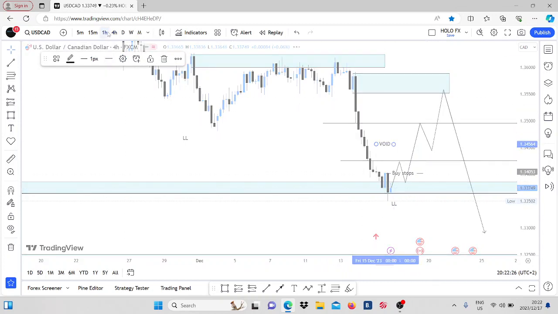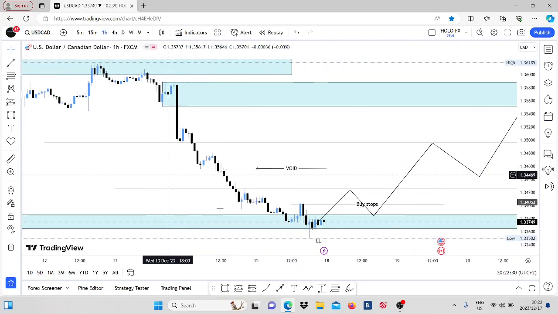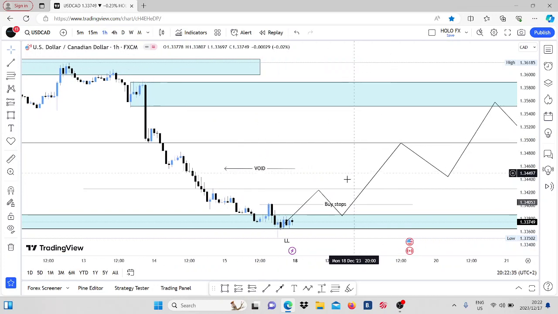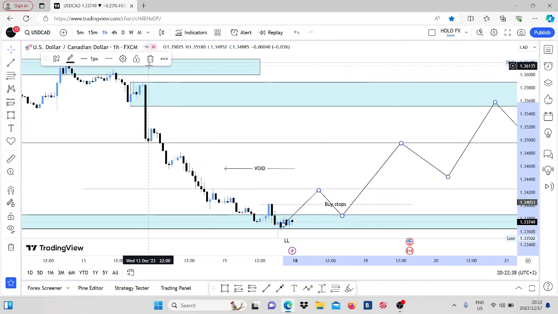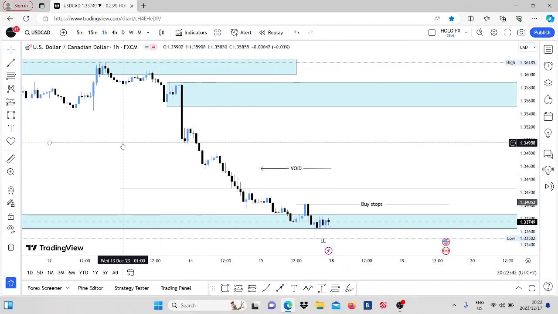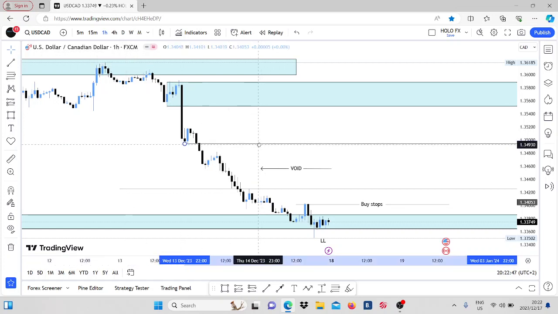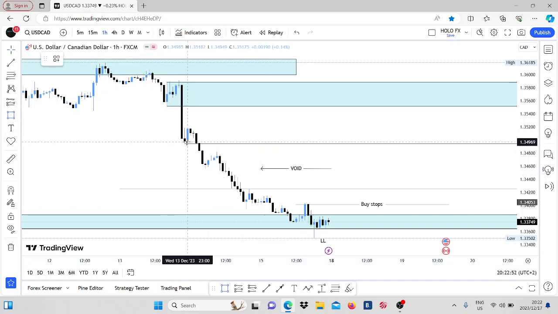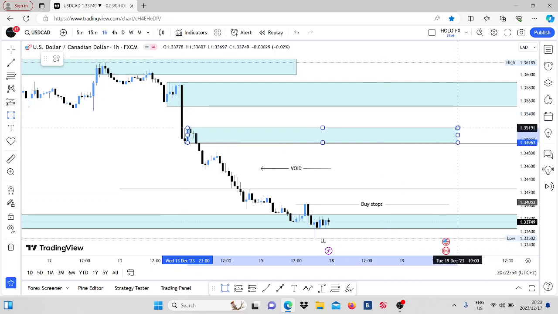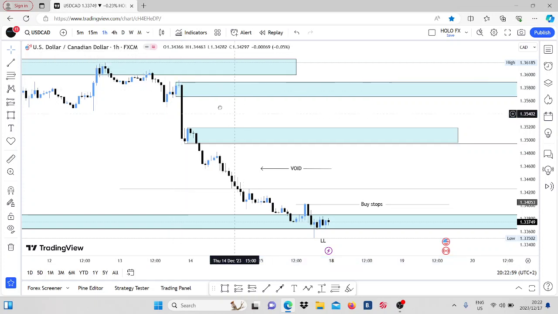Let me drop down to a 1 hour to see where it would lead us. Okay, initially remember that on a daily, where the fair value gap started, we can clearly see that there was an order block. Let me just refine this one, right?